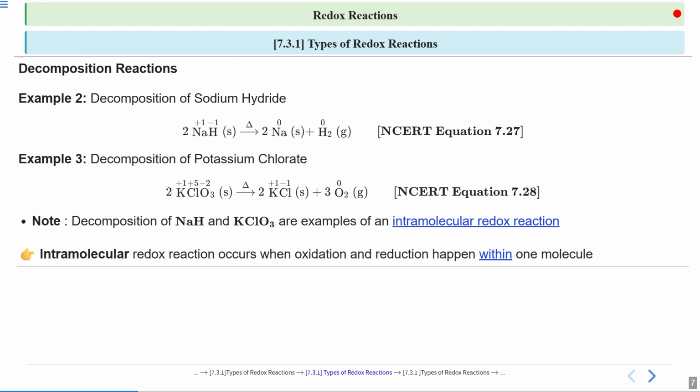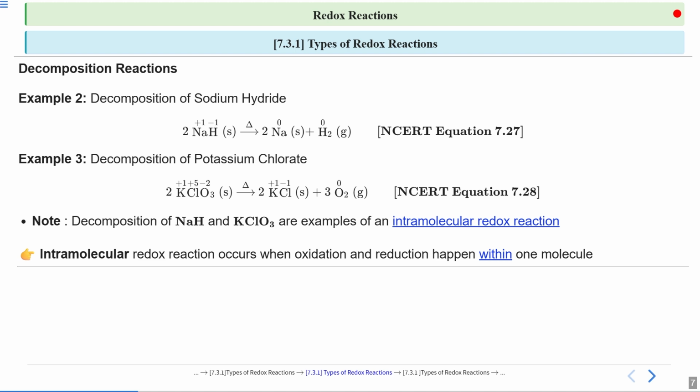Intramolecular redox reactions are the reactions in which the oxidation and reduction happen within one molecule. If you look at the examples in which sodium hydride and potassium chlorate are taken, you will find that there is only one molecule present. That means the oxidation and reduction are happening in a single molecule, that is NaH and KClO3.